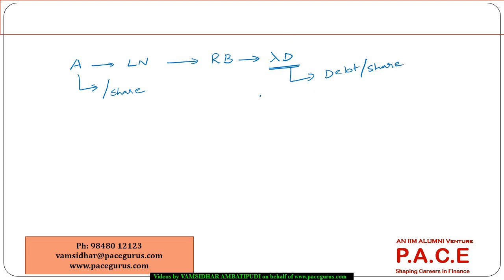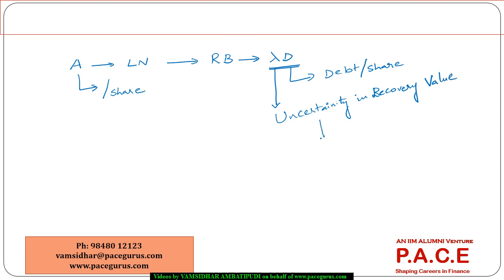And lambda has more to do with the uncertainty in the recovery value. So that is the level of uncertainty in the recovery value, and it's not a constant, it's a kind of random variable.